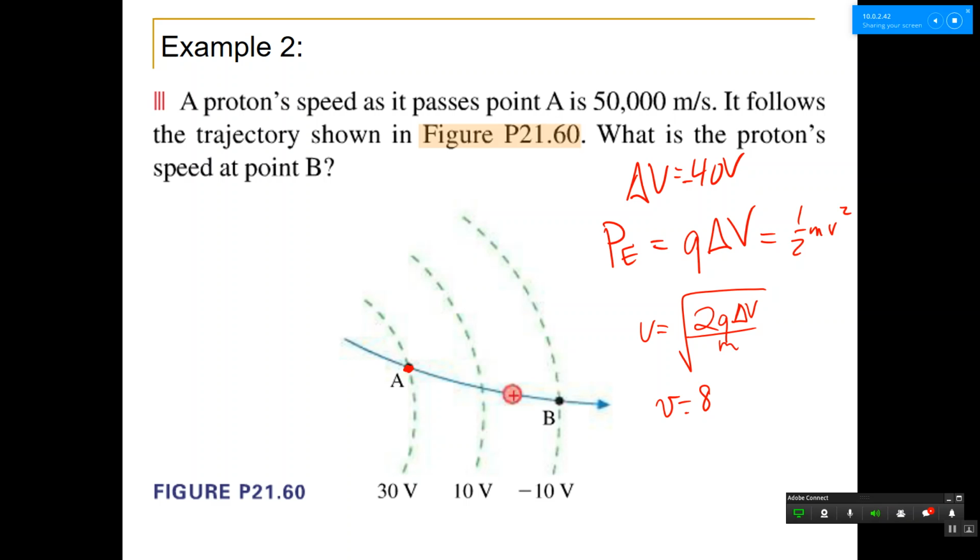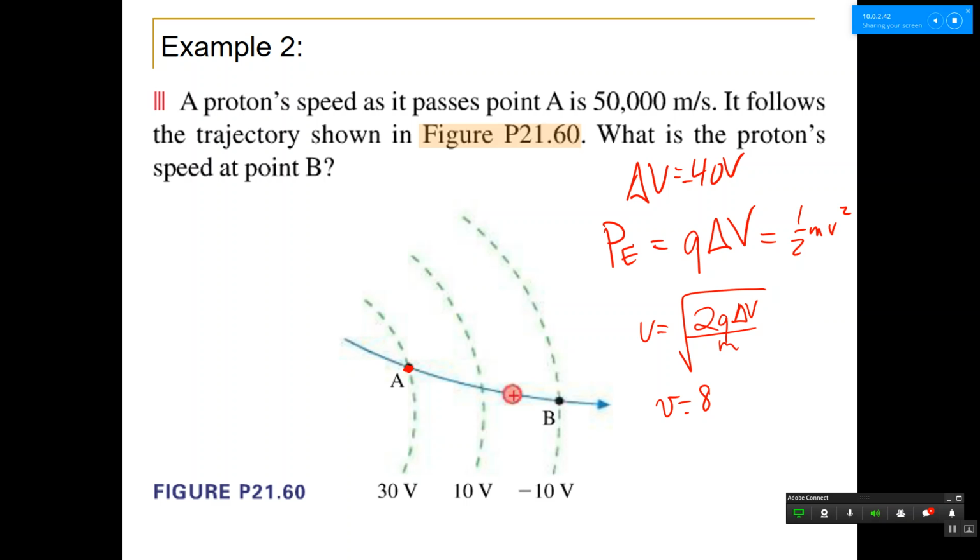I think you're supposed to get 130,000. So I think you're supposed to be adding about 80,000. So I'm just wondering if you were supposed to subtract this when you added it. No, you're supposed to add it. Punch it in again. Make sure you square your 50,000. It's supposed to be 83,000 something. Yeah, that's right.